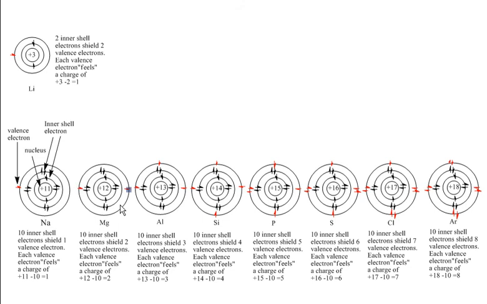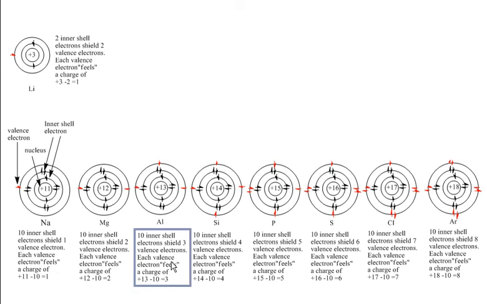So this valence electron and this valence electron, to a first approximation, it's certainly not 100% true, but close enough for what we're going to talk about today, don't shield each other. So in magnesium, there are still 10 inner shell electrons, but each valence electron is screened by those 10 electrons and sees 12 positive charges of the nucleus minus the 10 screening electrons, or an effective nuclear charge of 2. One more than for sodium.